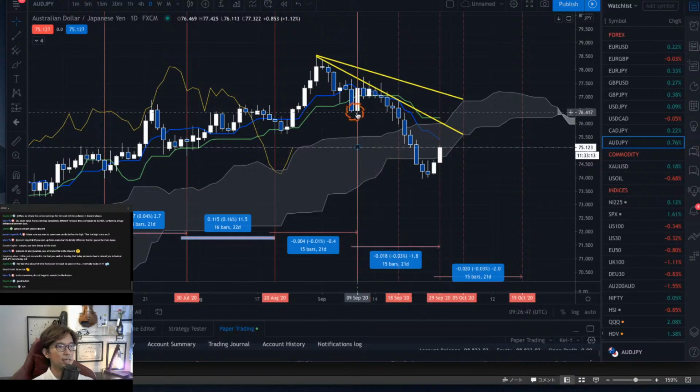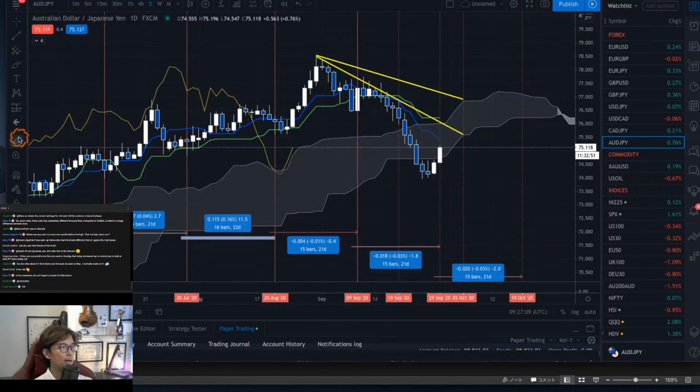One of the things that I can do is take this low and measure from this low to the previous low, which is on this day of the 24th of September. This was 12 bars in between. But 12 is not one of the Kihon Suchi numbers, so I won't take it.